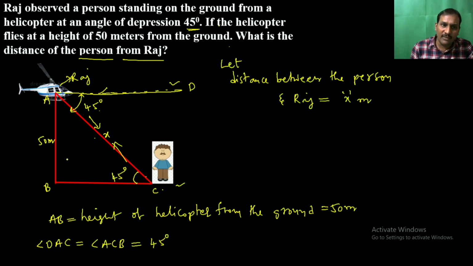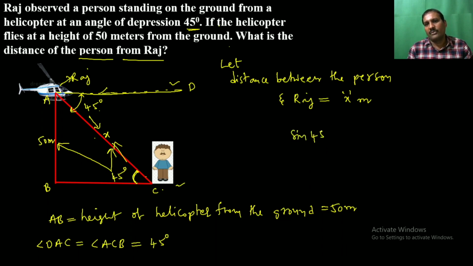Now let us take 45 degrees. With respect to 45 degrees, what we have here is the opposite side, and we have to find the hypotenuse. So the relation between opposite and hypotenuse is sine. Sine 45 degrees is equal to opposite side AB by hypotenuse AC.